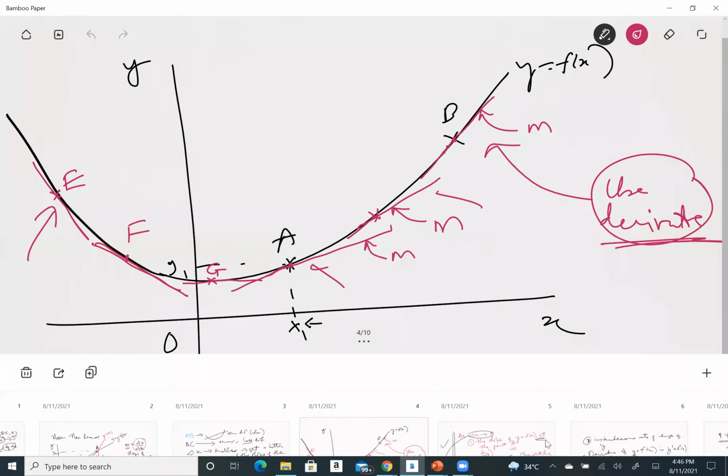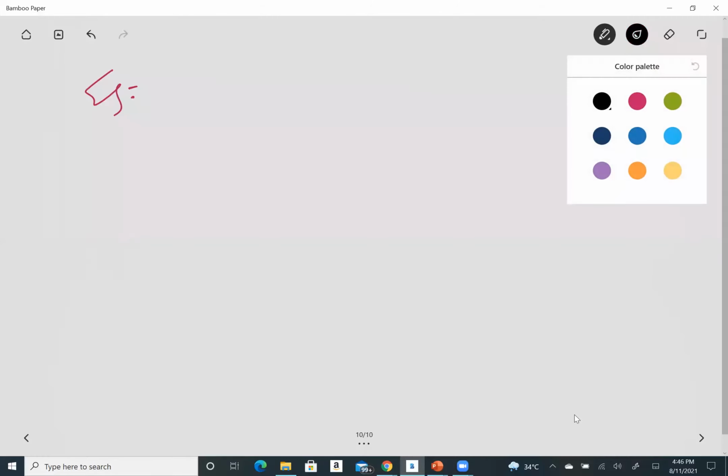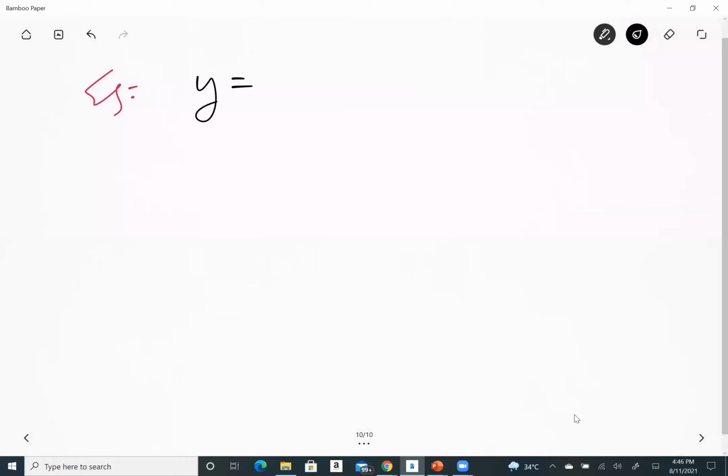Okay, so let me give you an example to show that. Let's consider a simple function y equals x squared. What is the derivative? y prime is equal to 2x.